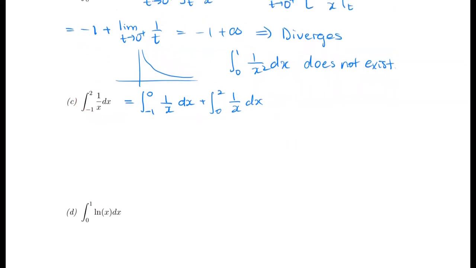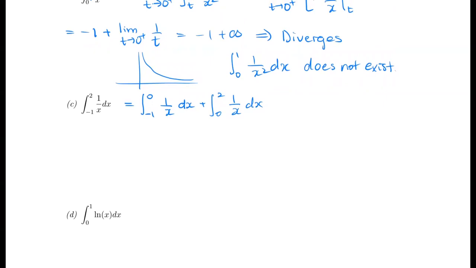So let's try to evaluate the first one. So we're going to say, well, this is the limit as s approaches 0 from the left of the integral from -1 to s of 1 over x dx plus the limit as t approaches 0 from the right of the integral from t to 2 of 1 over x dx. Okay.